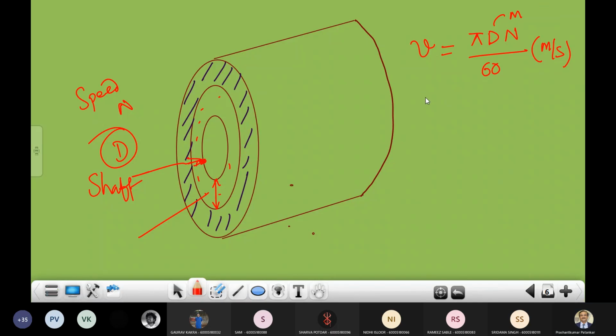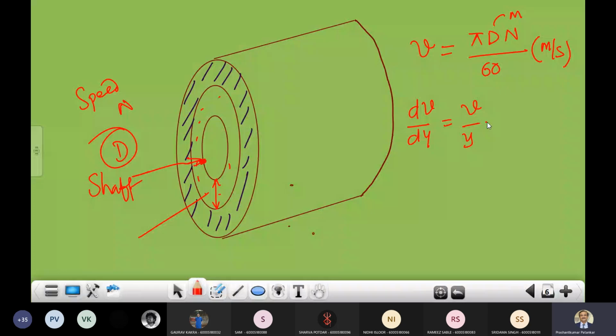Now here we talked about the velocity gradient, which is dv by dy, and further we said it is v upon y.